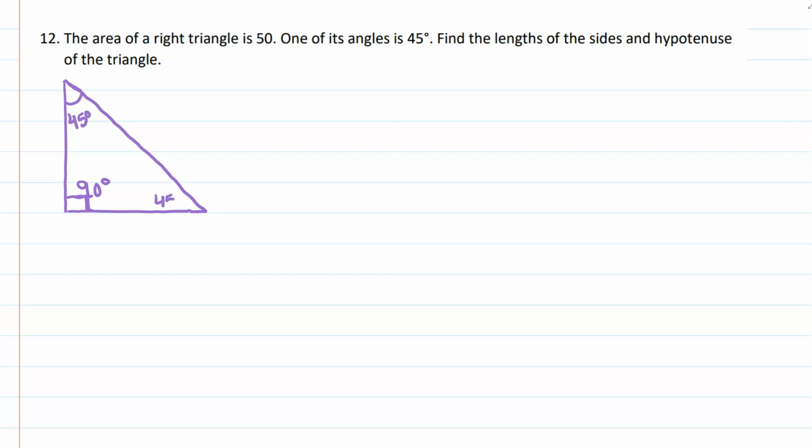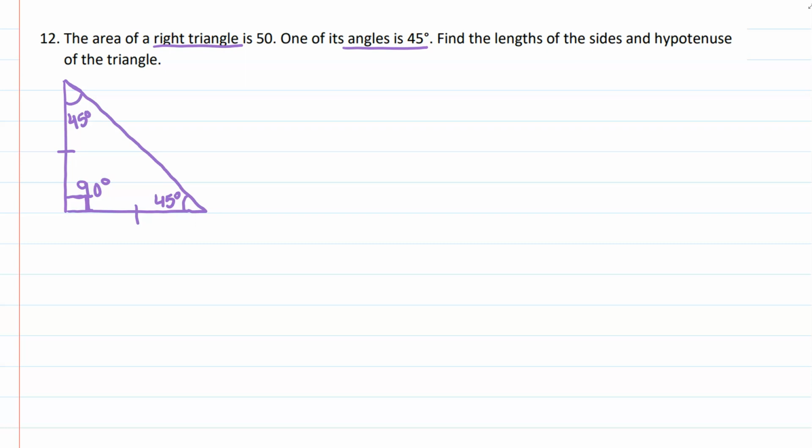Because it has to make 180 degrees. So what we have is an isosceles right triangle. The fact that one of the angles is 45 and that it is a right triangle will tell you that it is an isosceles right triangle, meaning the legs are the same.